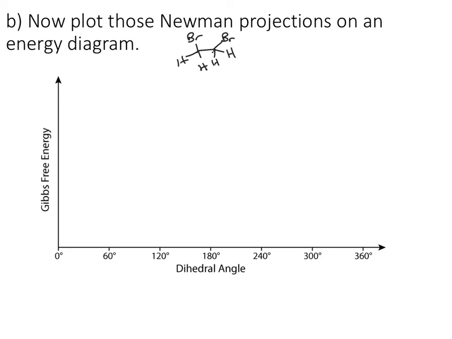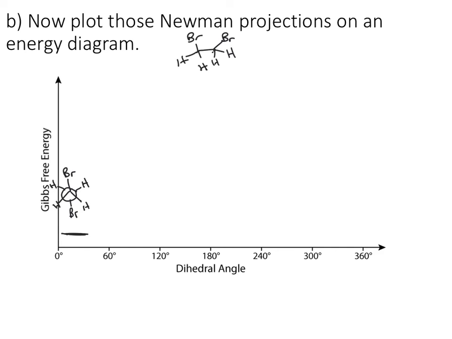So let's first draw a Newman projection to start at 0, and I will, in questions, start you off with a particular projection. So let me start off with this one. So this would be the anti projection. And so that's going to be the lowest energy conformer.